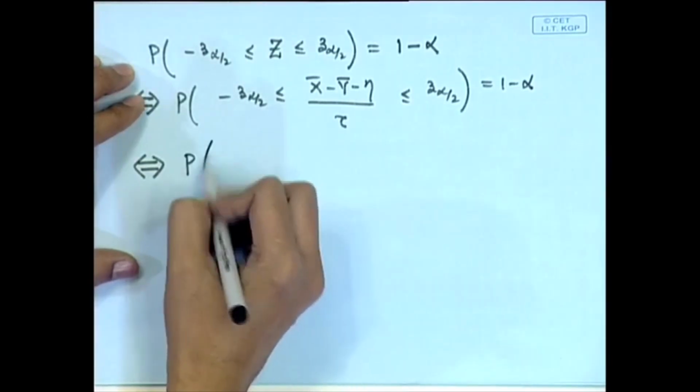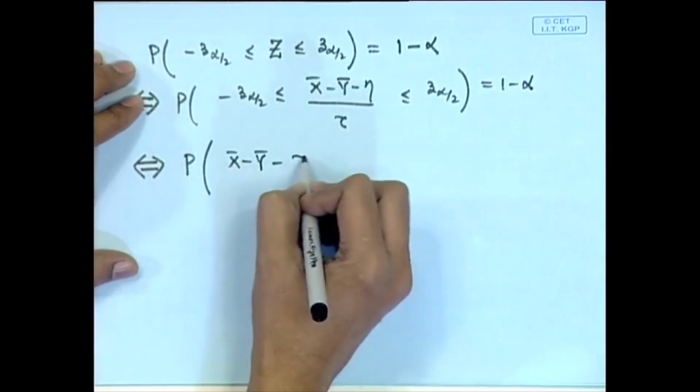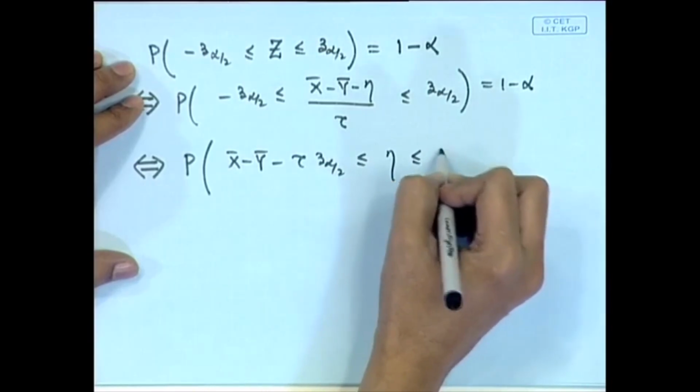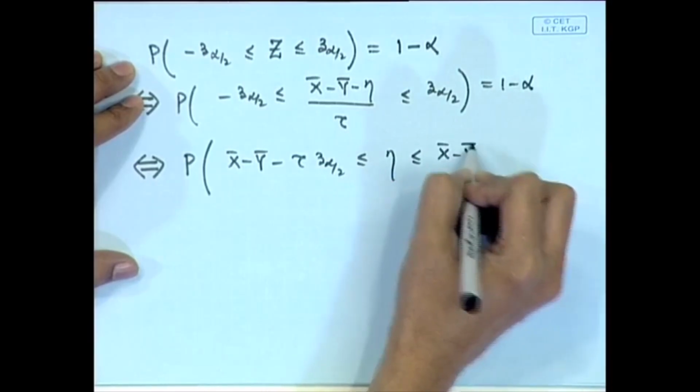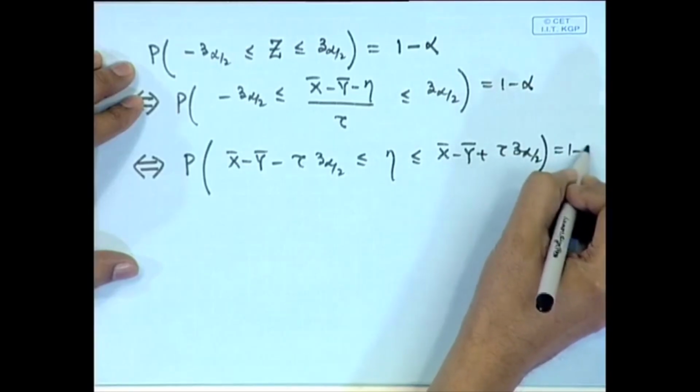So, the statement is equivalent to x bar minus y bar minus tau z alpha by 2 less than or equal to eta less than or equal to x bar minus y bar plus tau z alpha by 2, that is equal to 1 minus alpha.